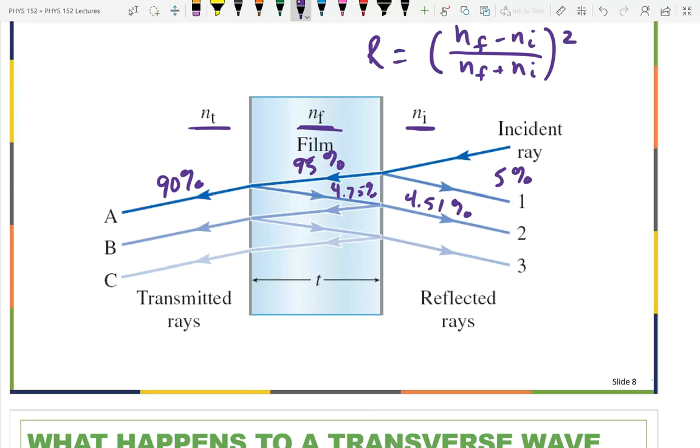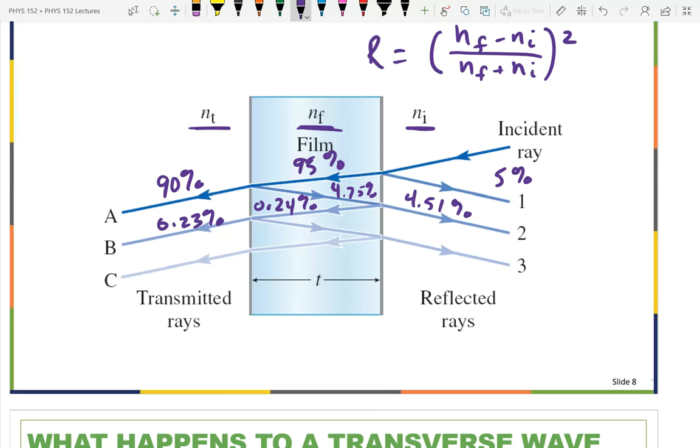And the rest of that 4.75, so 0.24%, goes this way and so on. So obviously if that's 0.24%, roughly 0.23% came out on the next one.